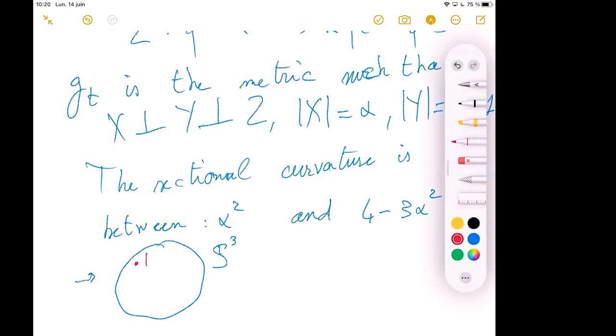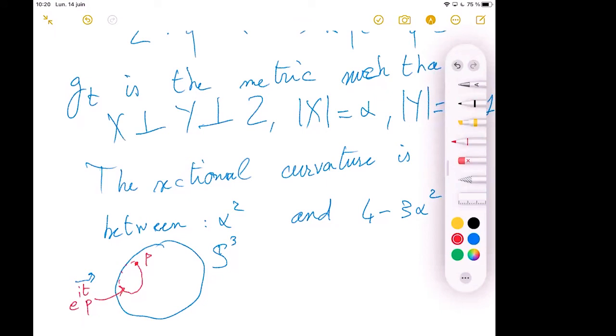So let's assume we have p, and here would be e to the it times p in the quaternions. And so this is what is called the Hopf fibration on S3.